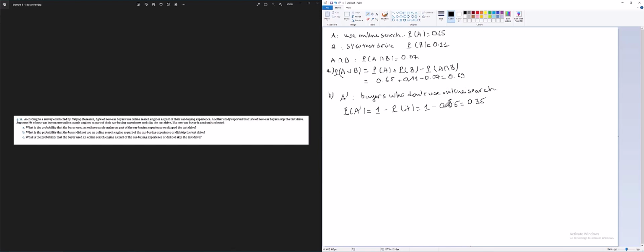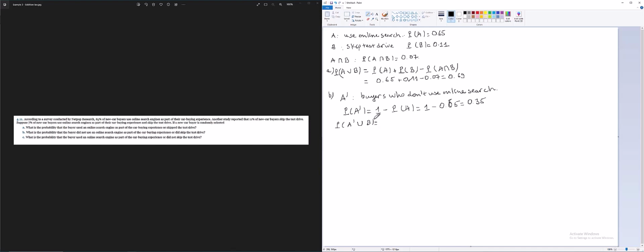Now, similar to part A, we have the union of two events, but now this is the union of A prime and B. That's the probability that buyers don't use online search or they skip the test drive.